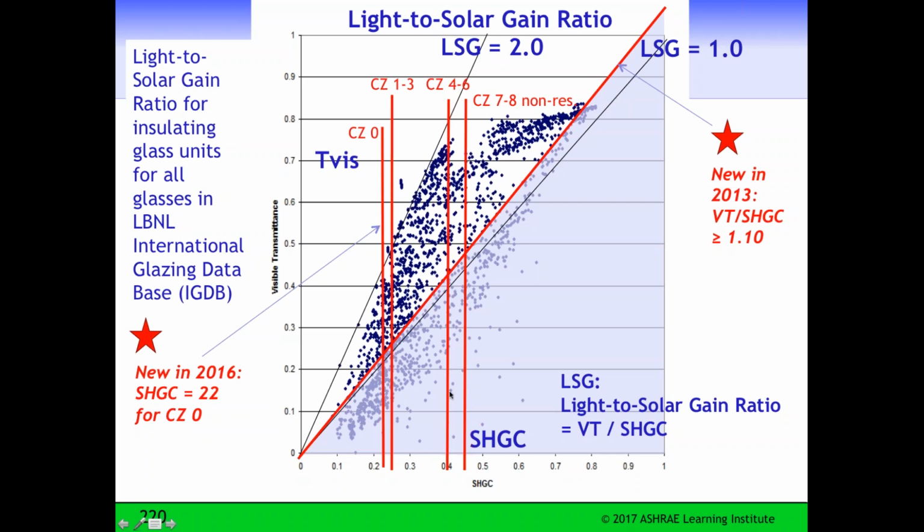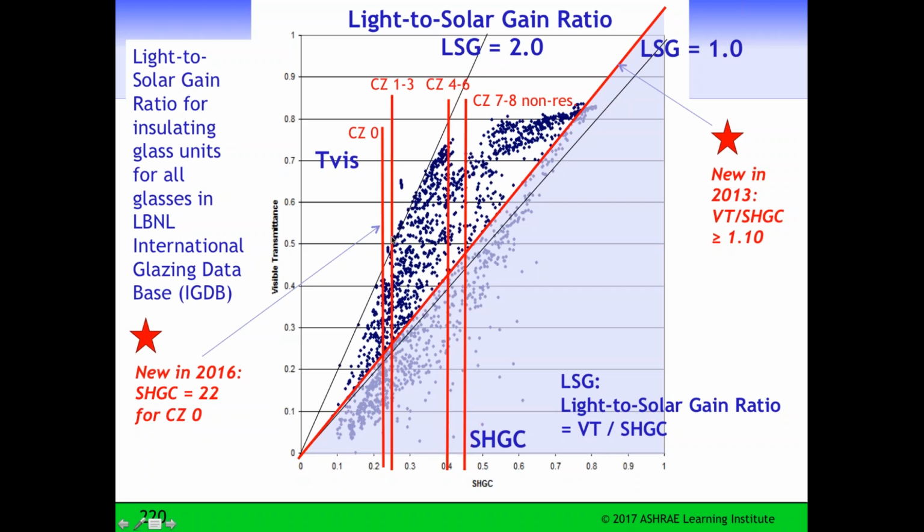The vertical red lines show you the solar heat gain coefficient requirements by climate zone for Standard 90.1-2016. Starting in climate zone 0, the new climate zone, you have an SHGC of 0.22.